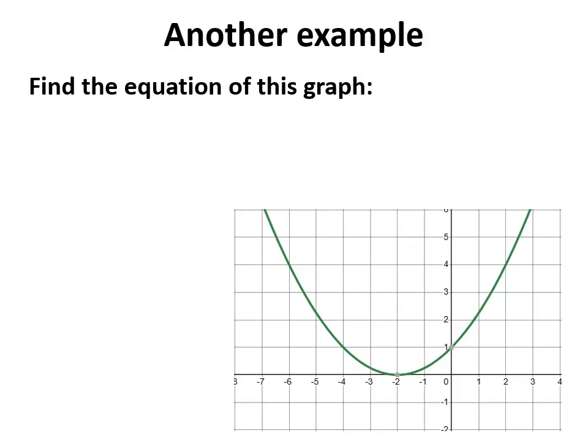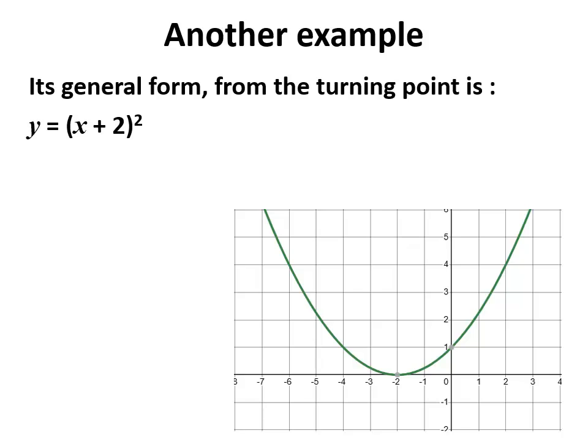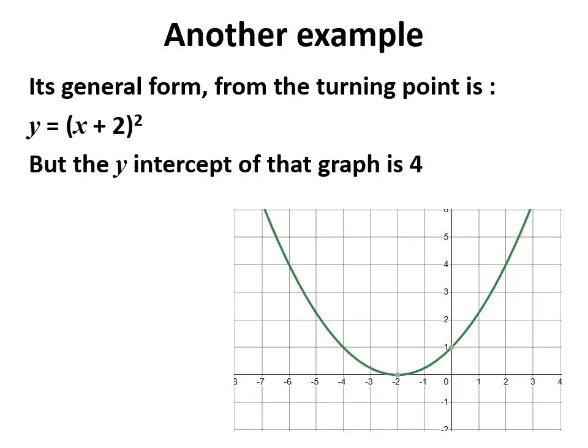Now the equation this time with the other general form. So the general form of this is x plus 2 squared, where this plus 2 is the negative of minus 2. The intercept of this graph is 4, not the one we see, because when x is 0, 0 plus 2 squared is 4.